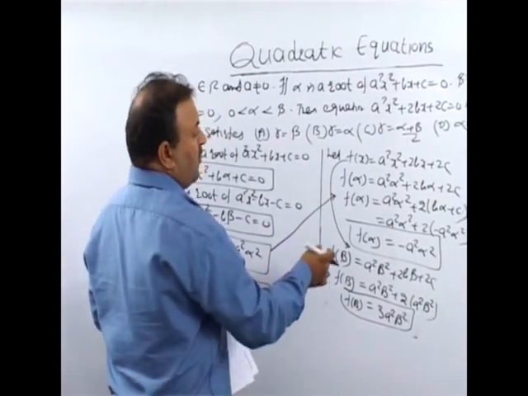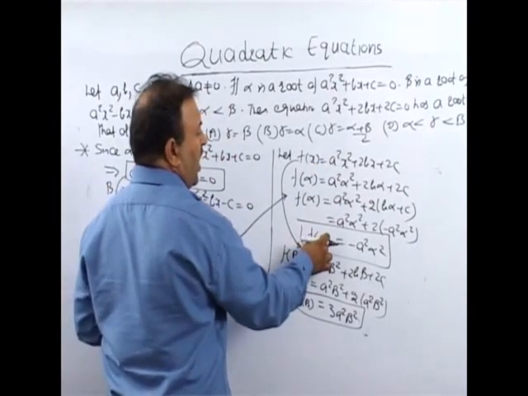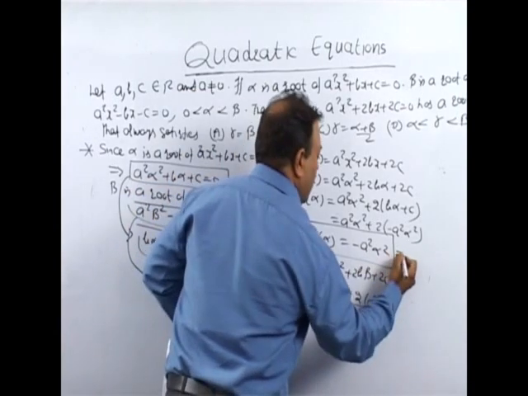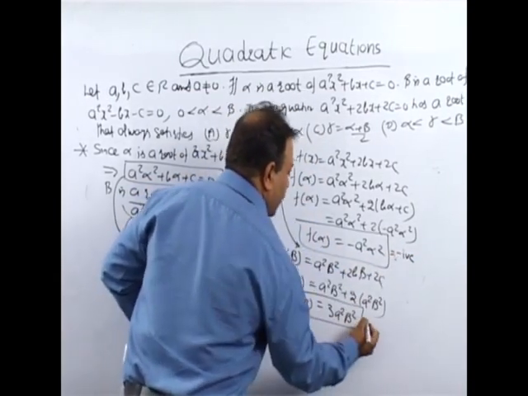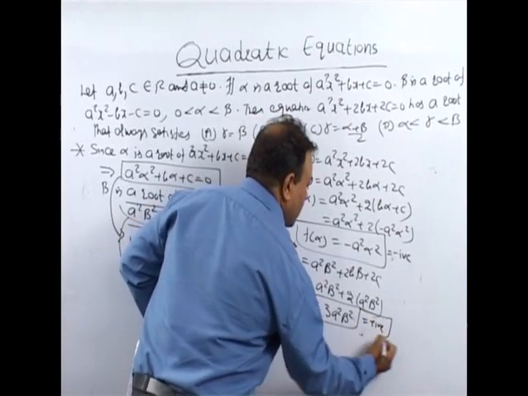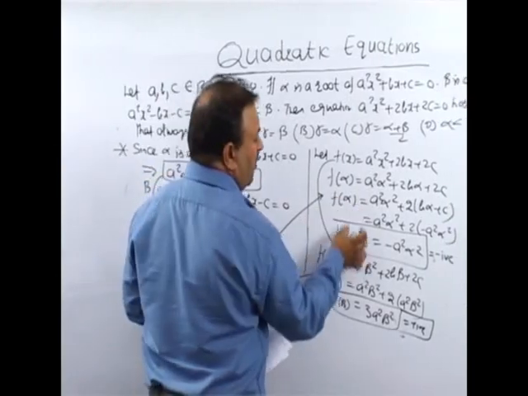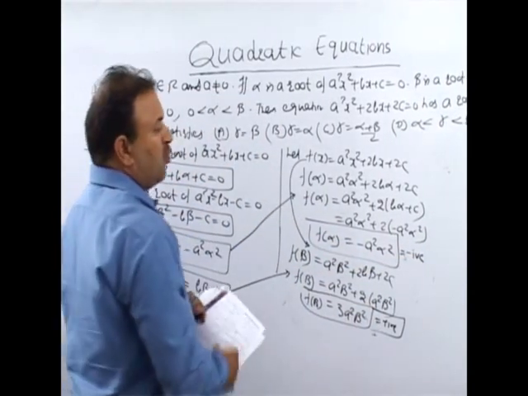From here we found that in this function, f alpha is negative and f beta is positive. So what does it mean?